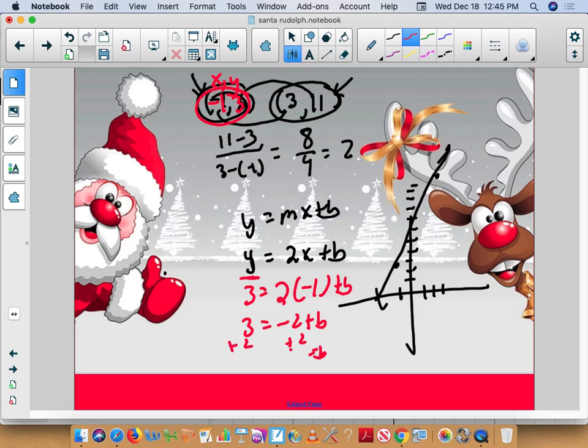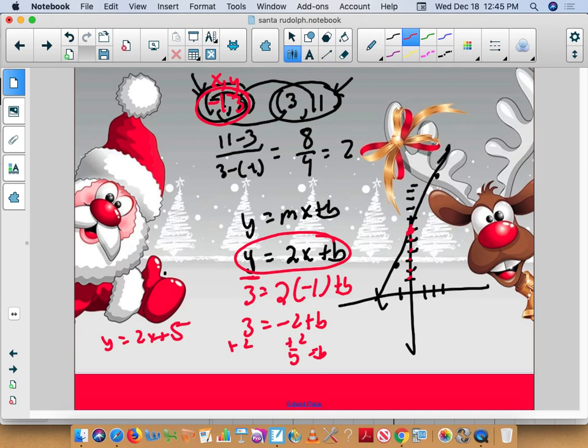B is 5. Okay? Hey, look, 1, 2, 3, 4, 5. I kind of got sort of in there, but not very well. All right, so the equation of my line, I would go back and write as y equals 2x plus 5.